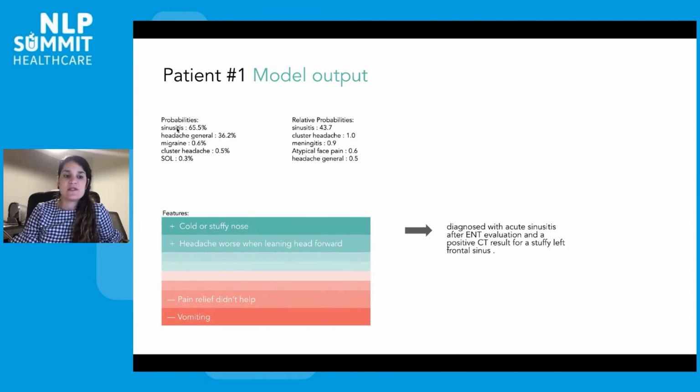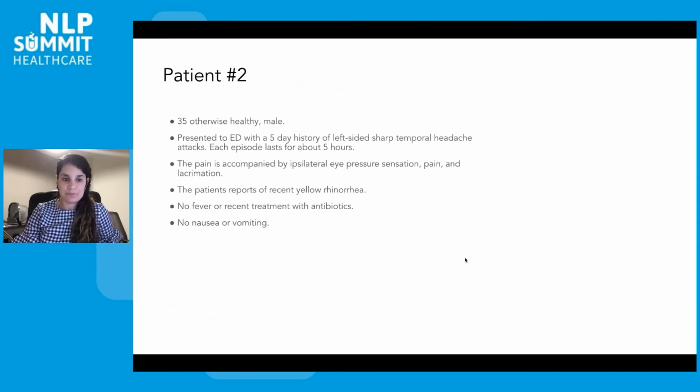Sinusitis is in the first place because of the features we found in the text: cold and stuffy nose, headache worsening when leaning forward. After a physical examination of ENT and the CT brain scan, the patient was really diagnosed with acute sinusitis. So this is a true positive case.